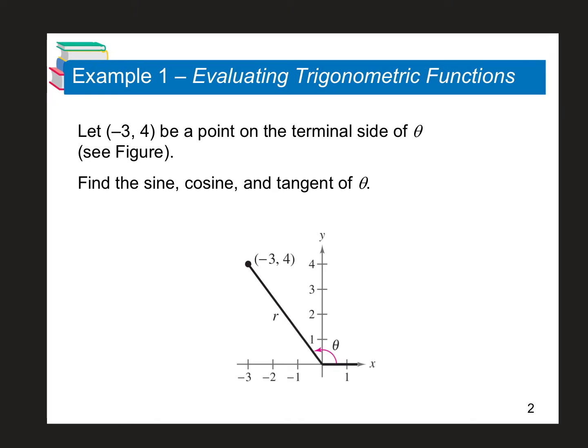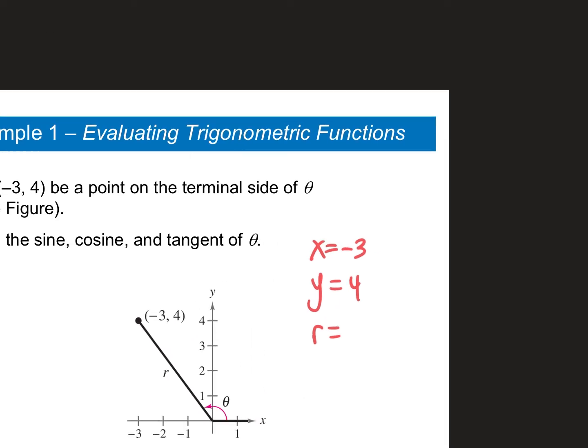If I said let -3, 4 be a point on the terminal side of an angle, find sine, cosine, and tangent. All right, so I know that my x value is what? What did they tell me my x value was? X is -3. What is my y value? +4. How am I going to find my r value?